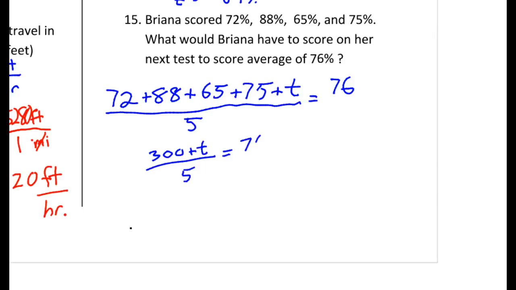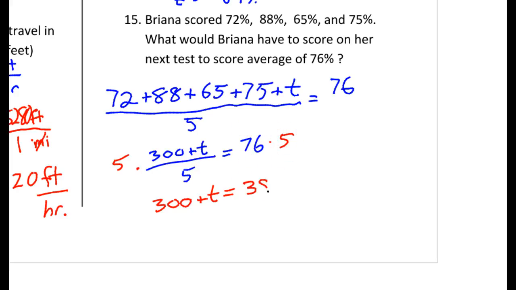Multiply both sides by the 5. So 300 plus T, 76 times 5 will give us, let's see, 380. 5 times 70 is 350, 5 times 6 is 30.